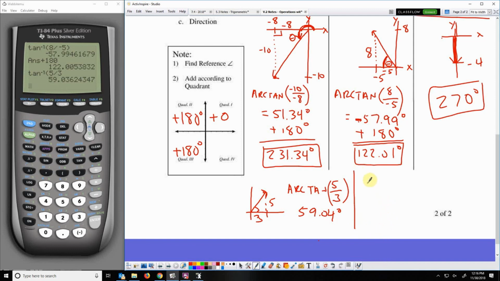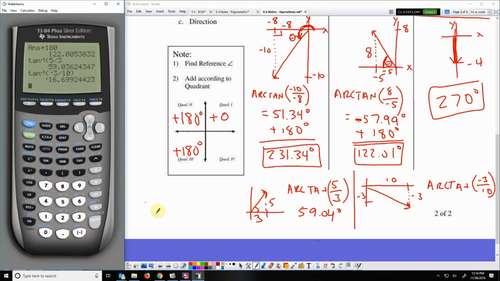If it's in the fourth quadrant, say maybe it goes over 10 and down 3. So I've got a negative 3 here. For opposite, adjacent is 10. So I'm going to do arc tan opposite, negative 3 over adjacent 10. So second tangent, negative 3 over 10 is negative 16.70 degrees.